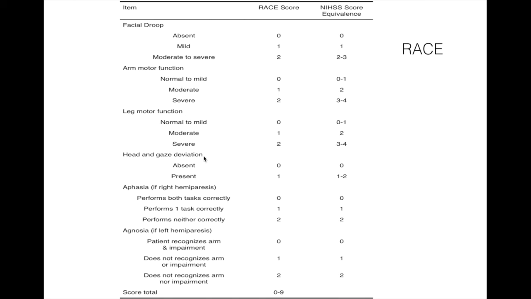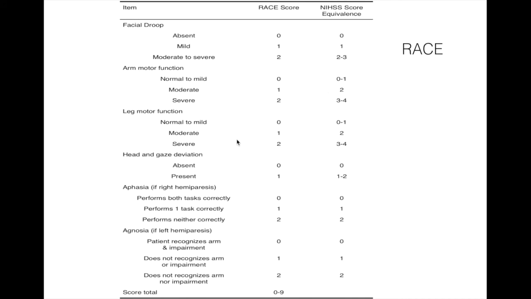You test leg, then you score 0, 1, or 2. You look at their head and their gaze deviation. You test aphasia. You have them asked to do both tests correctly, perform one test, 1 or 2. And then you have to tell, okay, is it the right side is weak or is it the left side is weak? You see how this scoring system, someone can probably say 1, someone can say 2, in all of these. And so the inter-observer reliability of this has to be questioned.